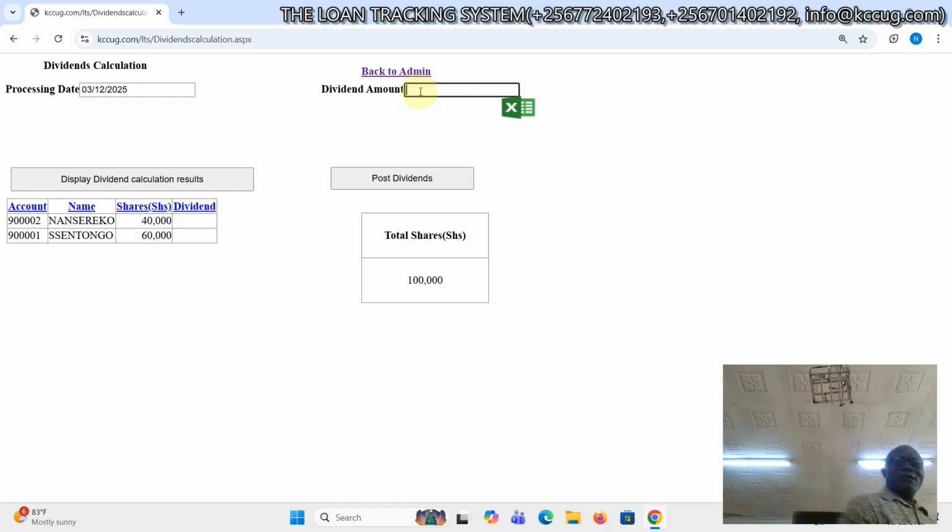Let us assume that we have 200,000. Once you have 200,000 shillings to share, just tell the computer to display results.